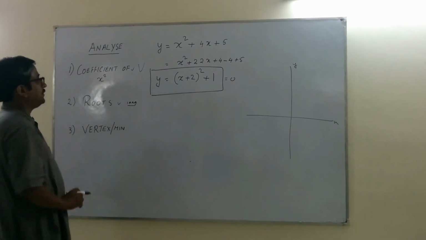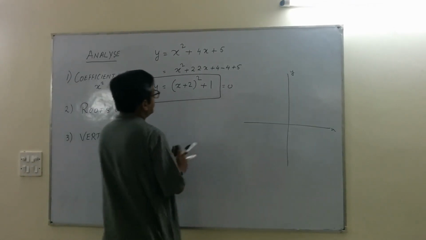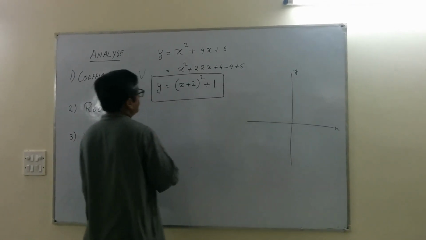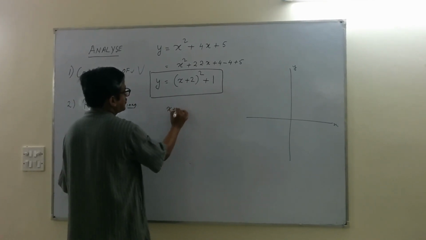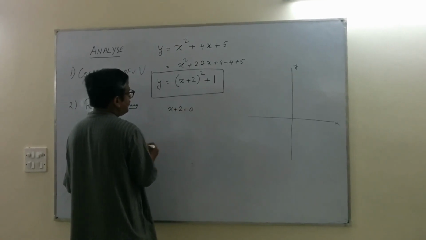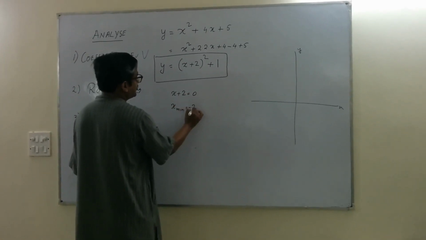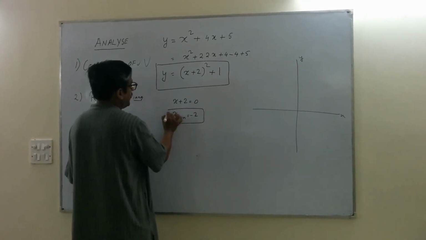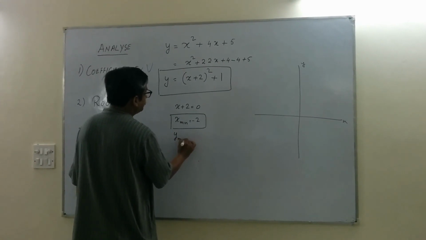Now we are going to find the minimum of this. Again, the minimum of this is when the square is 0. So at x plus 2 equals 0, we have minimum. So x minimum is at minus 2. And what is the value of the corresponding y? Y minimum?